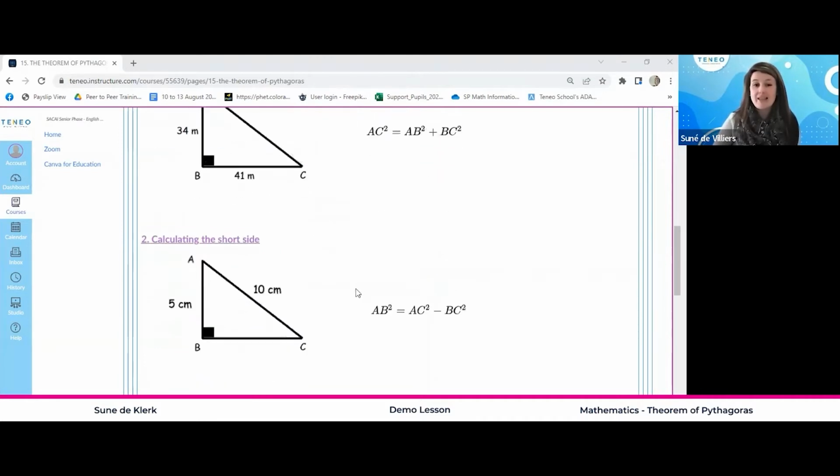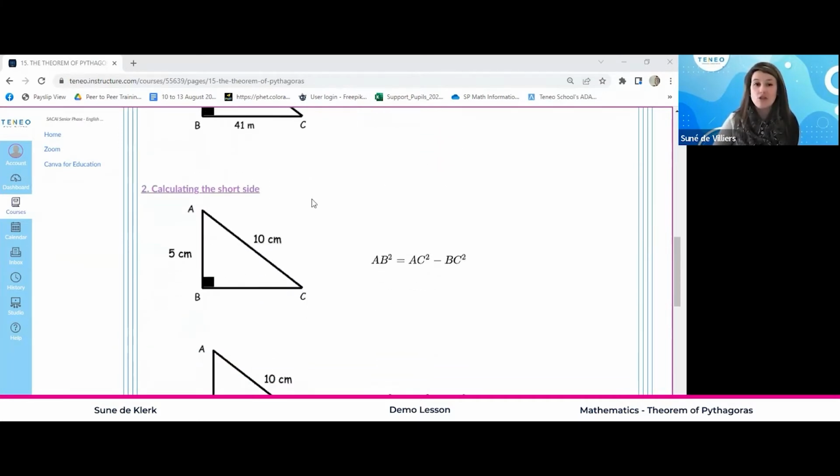If we have a look at the next one, where we calculate the short sides, let's start all over again. We go to our hypotenuse, which is across my 90-degree angle. I ask myself that $1 million question. Do I have my hypotenuse or do I need it?